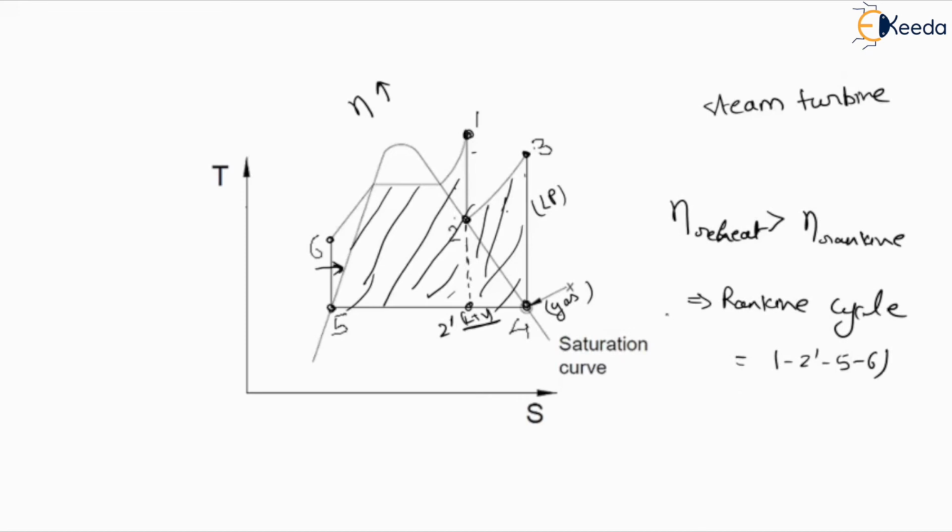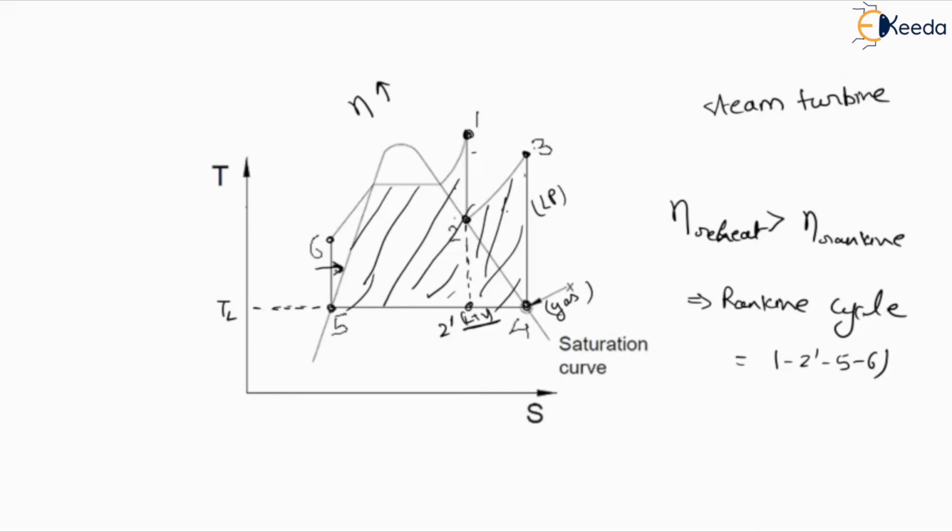Here low temperature is fixed and mean temperature will be somewhere in an intermediate condition, or it will be on the higher side only. So the low temperature limit we cannot change. It will be fixed for the reheat condition, or it will be the same as the Rankine cycle if we compare reheat and Rankine cycle. So low temperature is fixed, but the mean temperature limit can be increased.